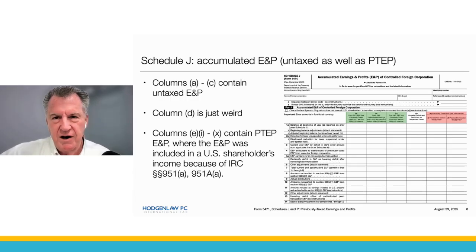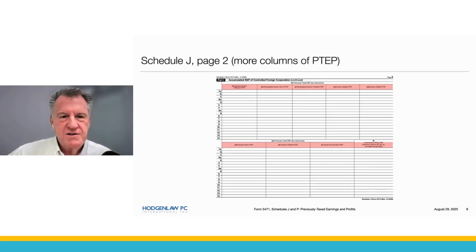Post-2017 current earnings and profits drop there. And there's page 2 of Schedule J, and you can see all of the other columns of previously taxed earnings and profits. And off to the right on the bottom, there's a subtotal I just didn't highlight. Anyway, so that's what's going to happen.